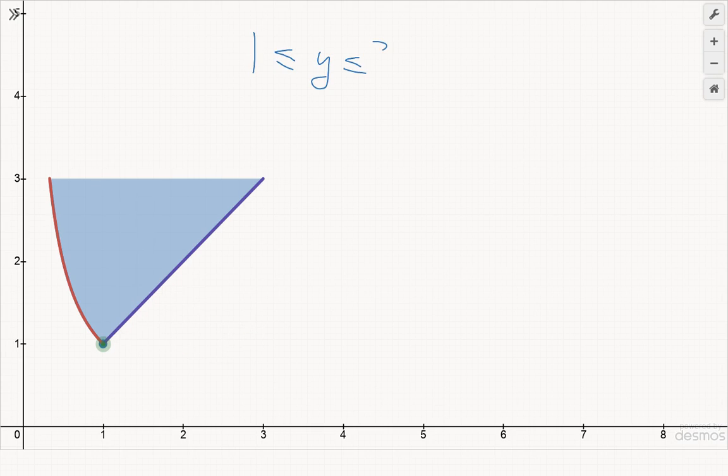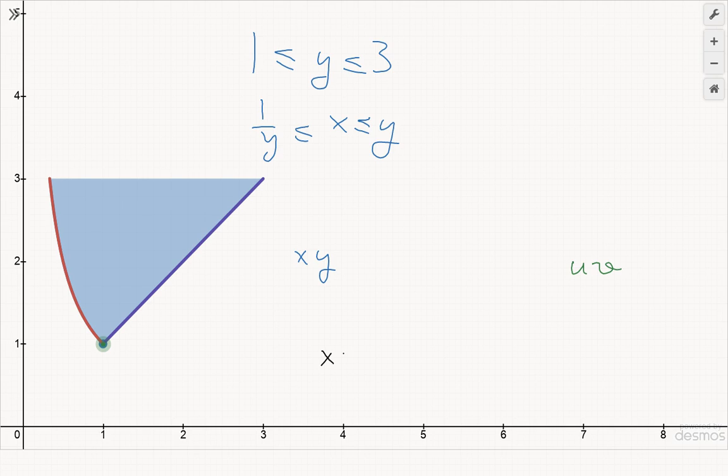So here I've drawn our original region R in blue. So blue will be xy coordinates, and green will be uv coordinates.